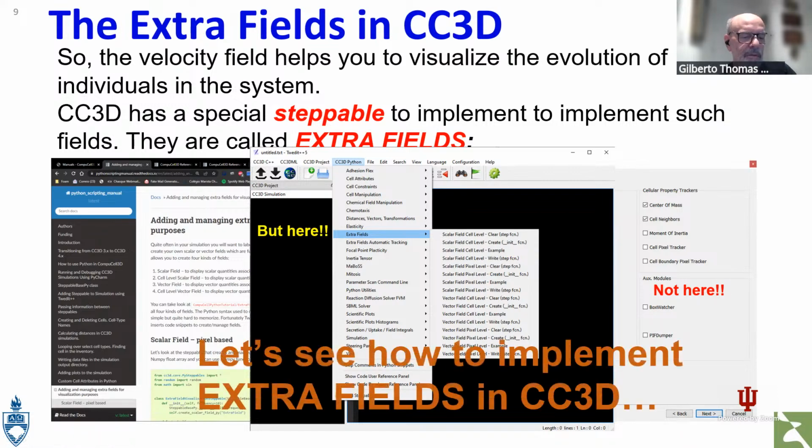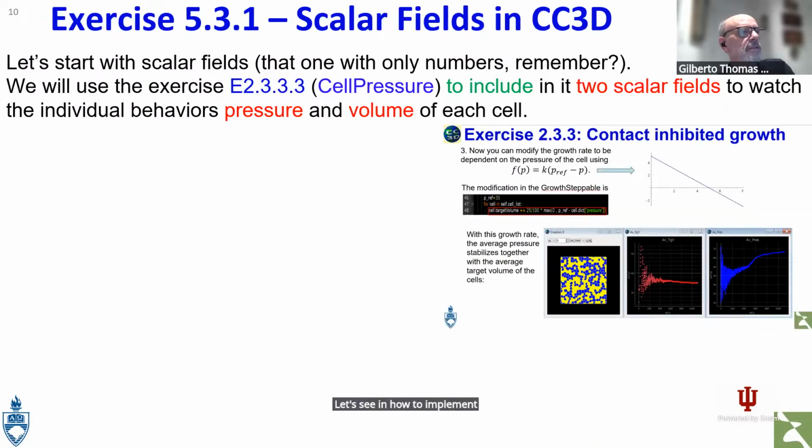Let's see then how to implement it. Now I'm going to ask you to download from the menu, from the student materials demo code, the exercise 431, which has that.